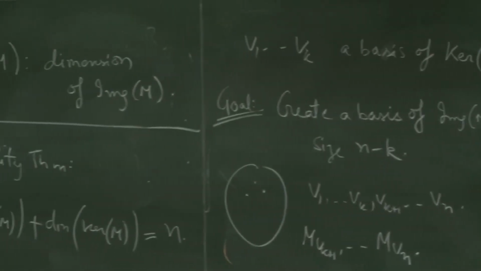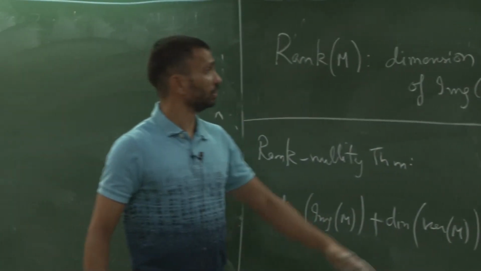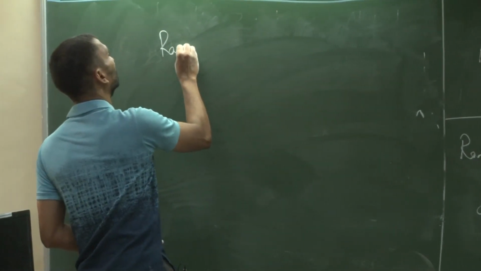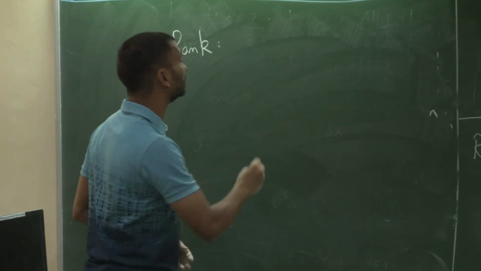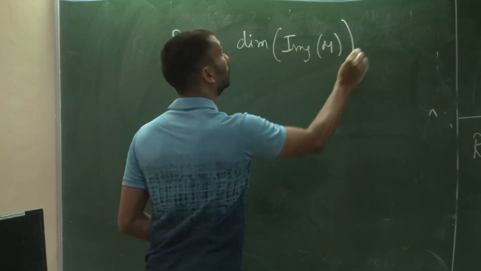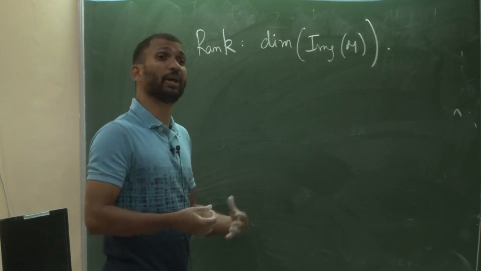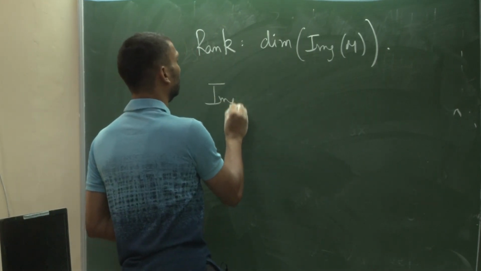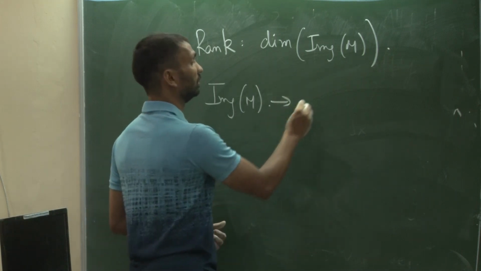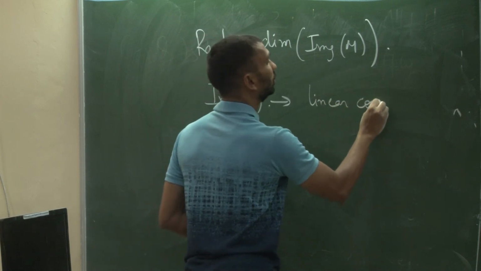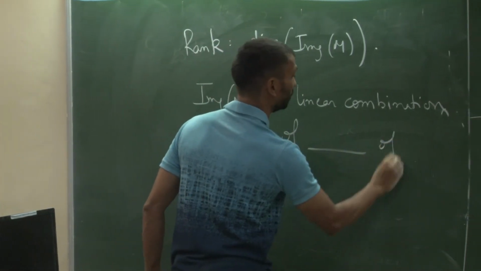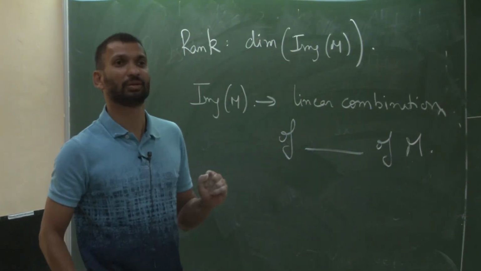Great. Let's move on. Let's see more properties of the image of M, or the rank. So the rank was the dimension of the image of M, right? But I also know that the image of M is linear combinations of, what should come here?